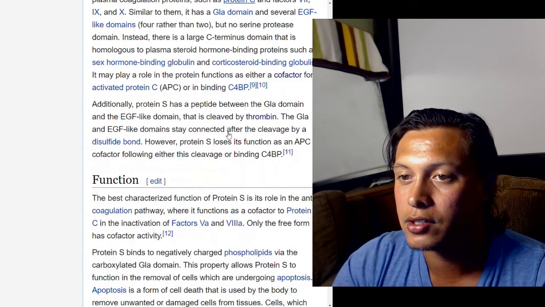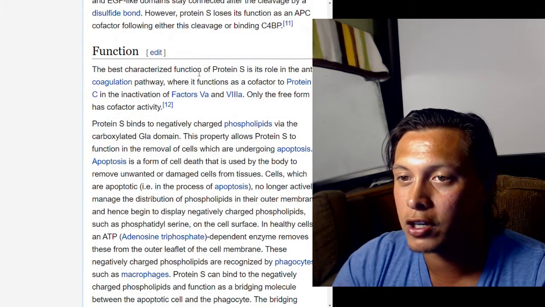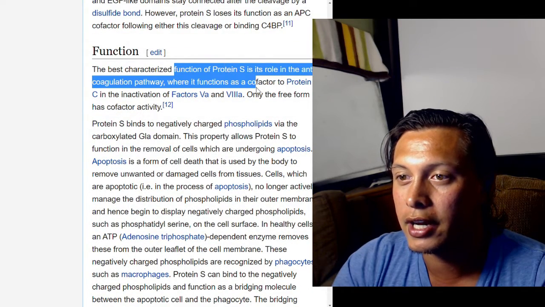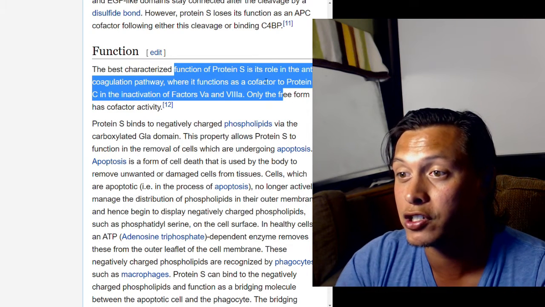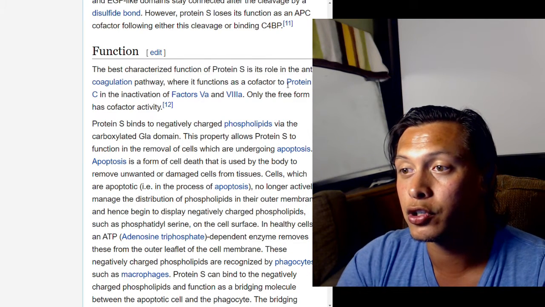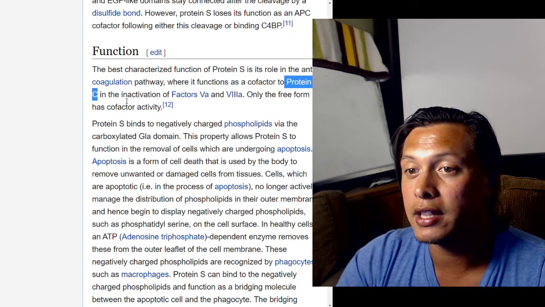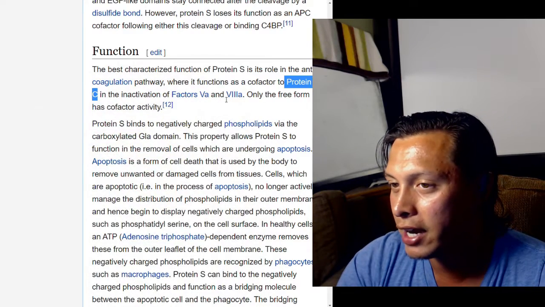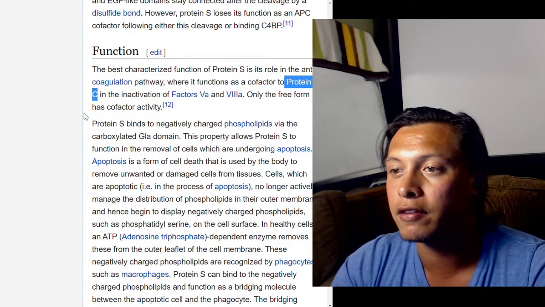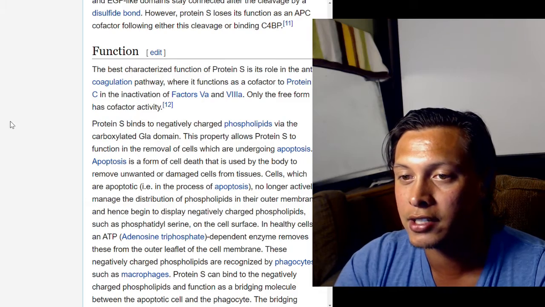In function, it has a role in the anticoagulation pathway where it functions as a cofactor to protein C in the inactivation of factors Va and VIIIa, and only the free form has cofactor activity.